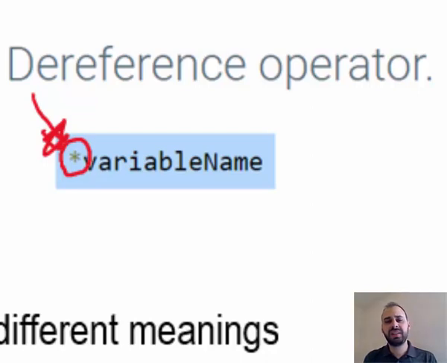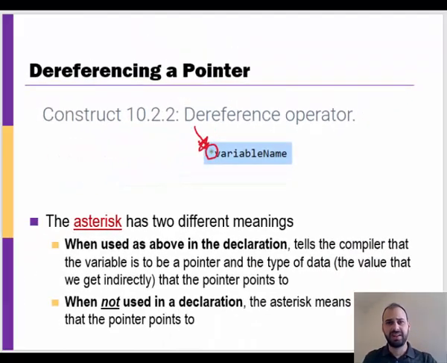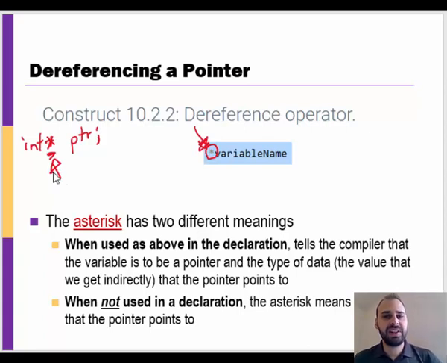If we are using the asterisk when declaring a pointer data type, the asterisk means just that. For instance, int star and some variable name. In this case, used in a declaration of a data type, that star means that this is an integer pointer.